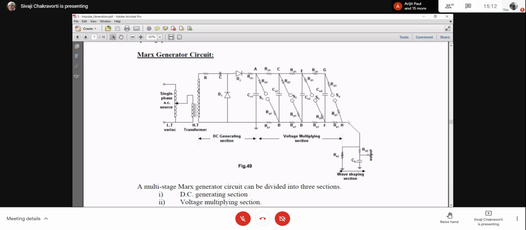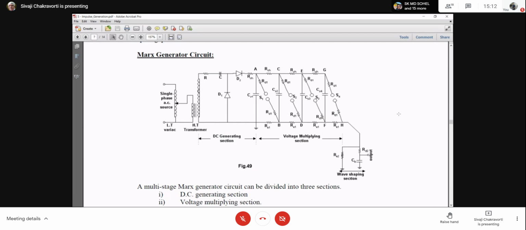How do I ensure it? We have to put enough gap distance between the two spheres so that the sphere gaps do not fire. But at the same time, we also have to ensure that when it fires, it should fire sequentially. That means S1 first, followed by S2, S3, and S4.